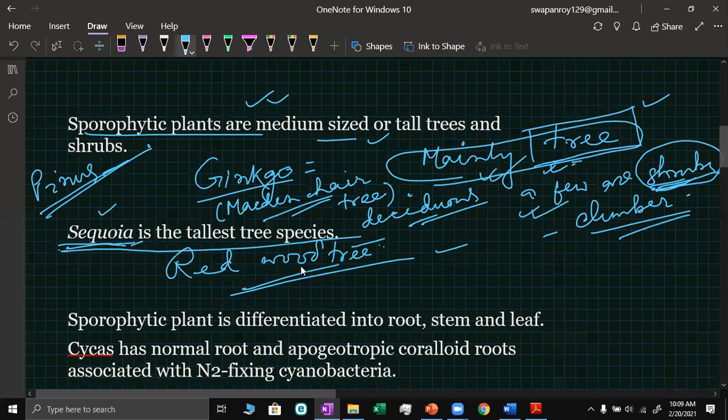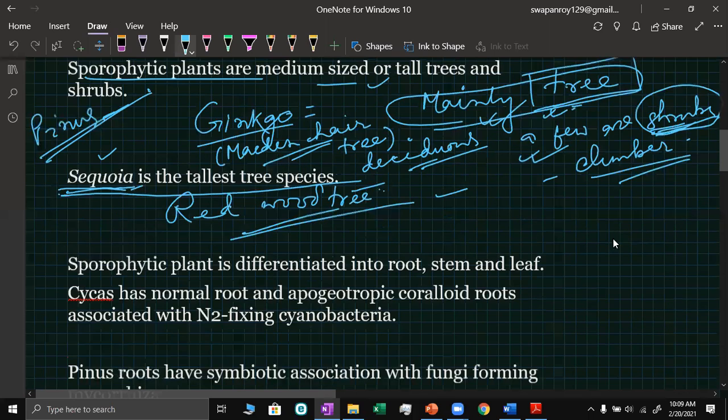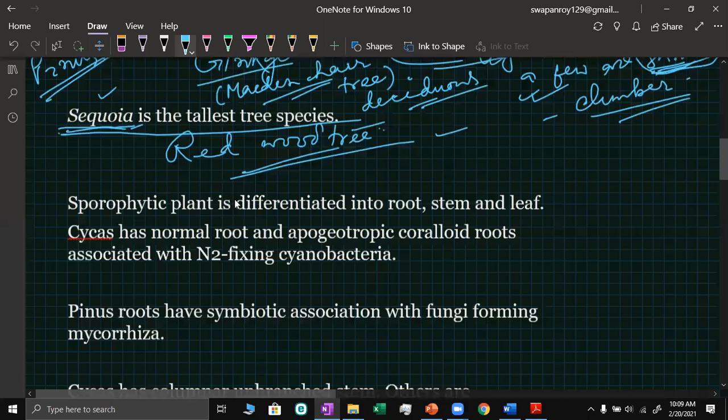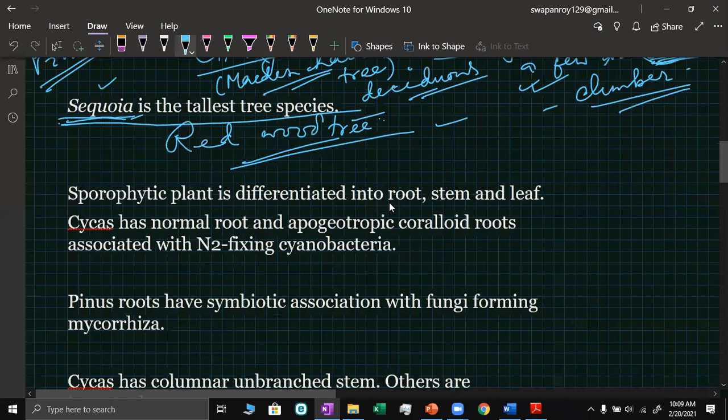So the sporophyte, as in the tree, here is the sporophytic plant. This has true root, stem, and leaves. Roots are usually taproot.